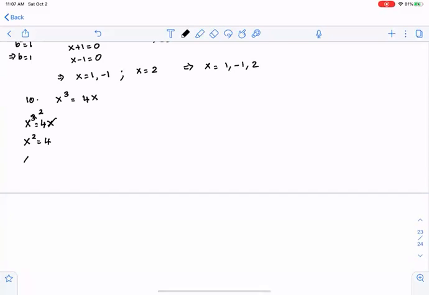And you have to make the right-hand side 0, so you'd move that 4 to the left-hand side. So you have x squared minus 4, which is of the form a squared minus b squared, which I can write as x plus 2 times x minus 2. And you would conclude the solutions are 2 and -2.